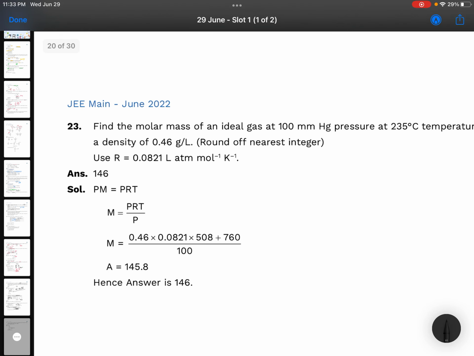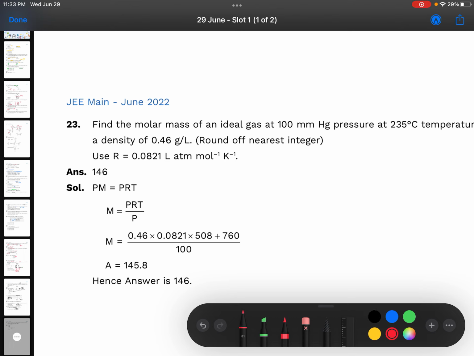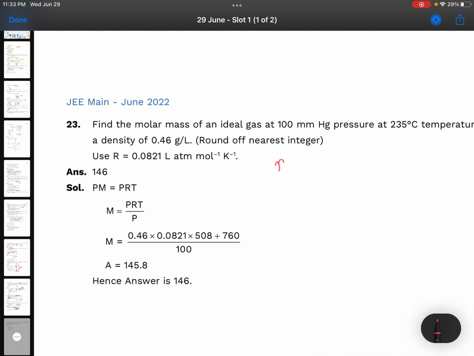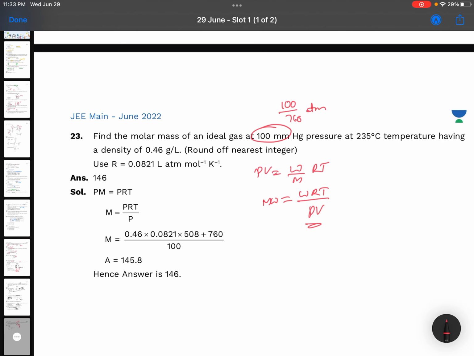Coming to this, find the molar mass of an ideal gas at 100 millimeters of pressure. Molar mass is asked, so PV is equal to W by molecular weight into RT. So molecular weight is equal to WRT by PV. Just substitute and you will get the answer. Very simple. 100 millimeters, so 100 by 760 atmospheres. Volume is given, density is given.